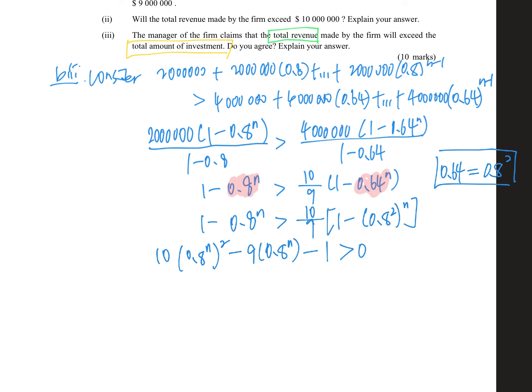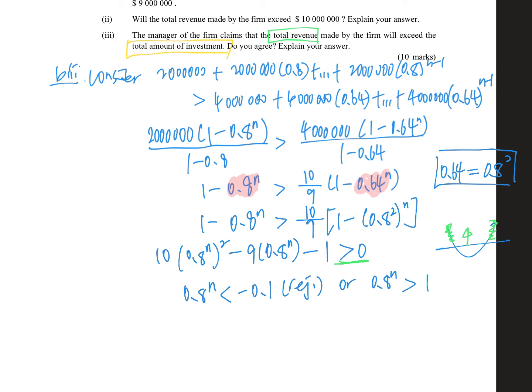And now we can factorize a little bit. So you can see 0.8 to the power of n is less than negative 0.1. Well, that would be rejected because the nth power of a positive number will never be negative. But on the other hand, 0.8 to the power of n will be bigger than 1. So for what value of n will lead to 0.8 to the power of n bigger than 1? Now, this is a quadratic inequality, so still remember, either the left-hand side or the right-hand side, because we want positive.